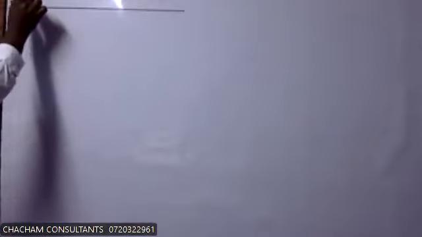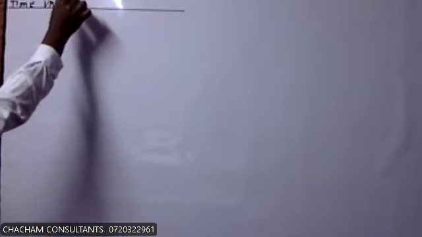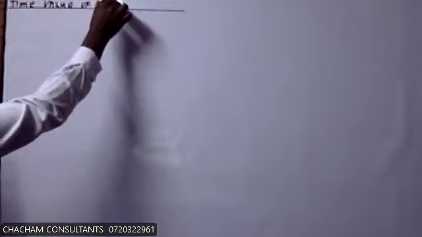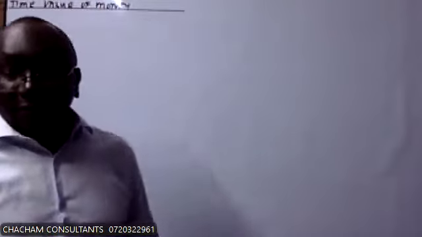There is the time value of money. And in the time value of money, we said that a sharing today is better than a sharing tomorrow. And we mentioned something known as compounding. Compounding is about getting the value tomorrow of the sharings today. We also talked about discounting. That is about getting the value today of the money tomorrow.